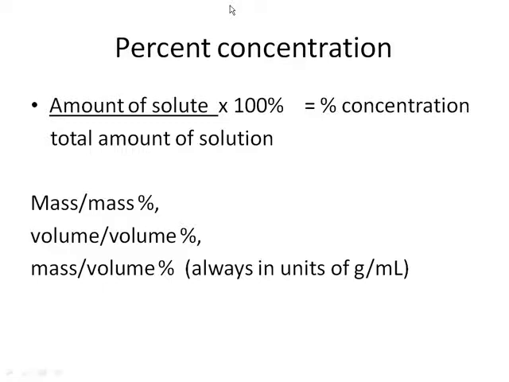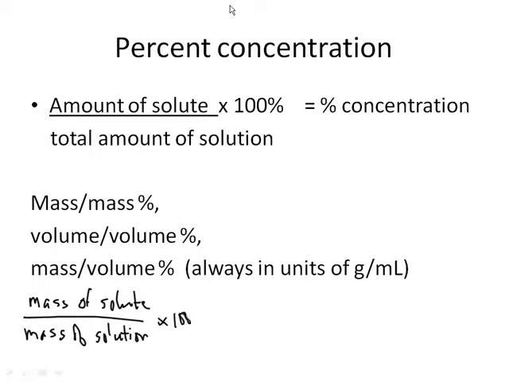These can be mass percents, volume percents, or mass volume percents. And what that means is, let's take mass percent for example. That means that I have mass of solute divided by mass of solution, times 100%.